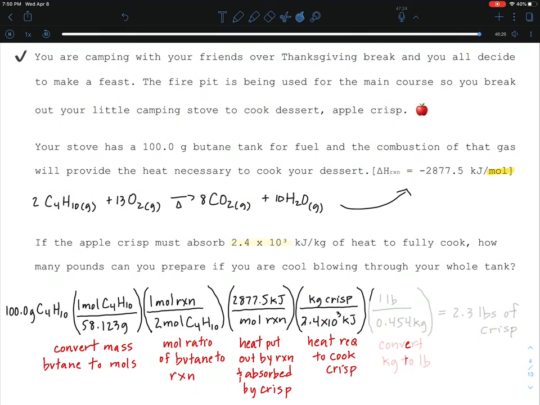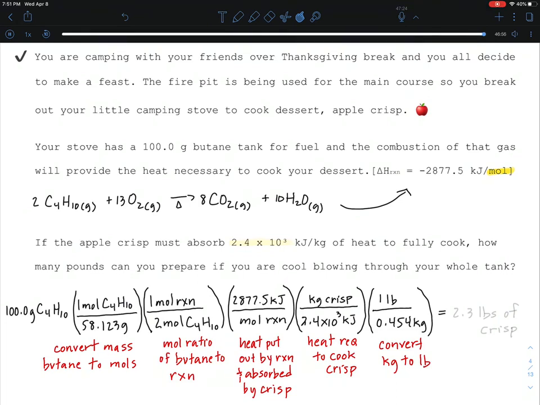And then the last thing we have to do is just turn our kilograms into pounds, right? I know that a pound is 454 grams, so that's 0.454 kilograms. And so down here I can write, I'm going to convert kilograms to pounds, because that's the unit they asked for.